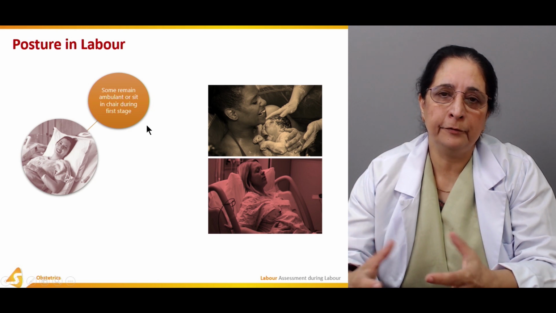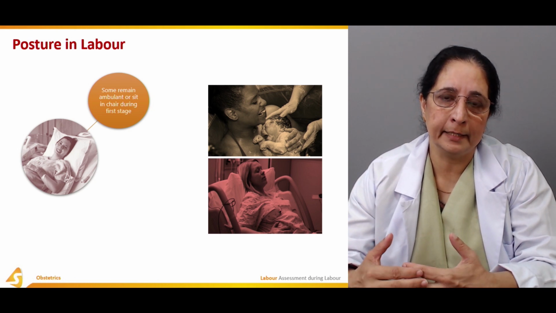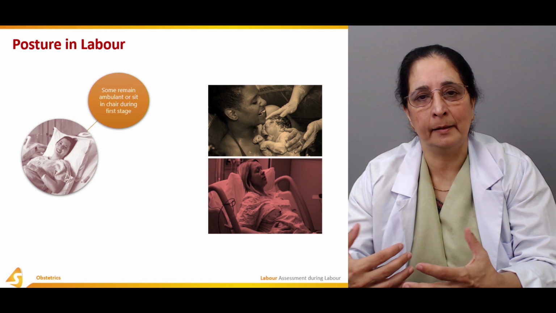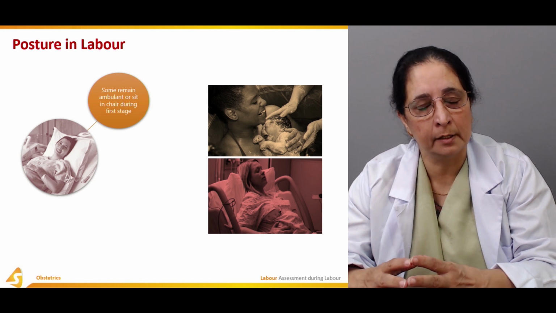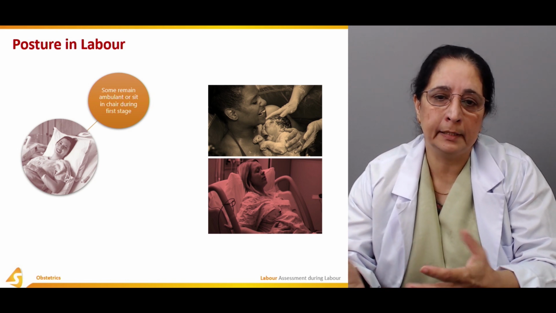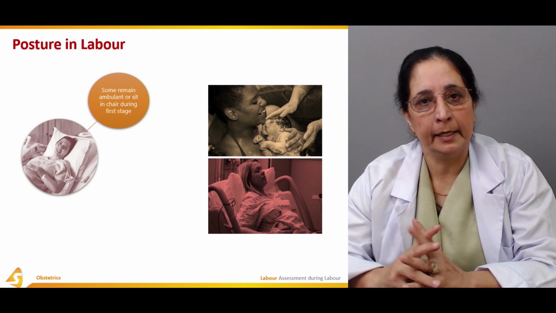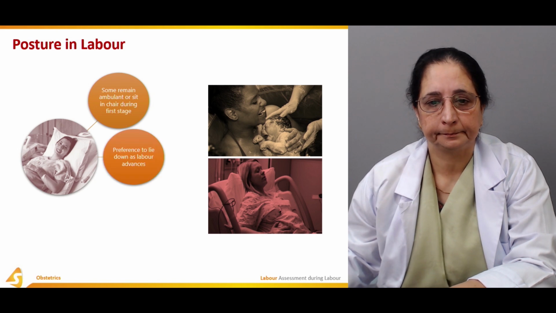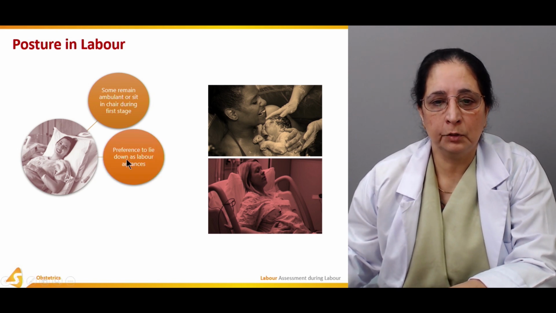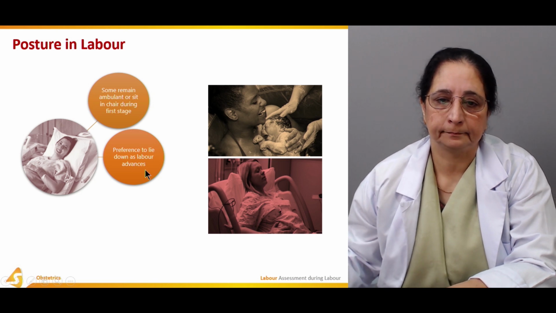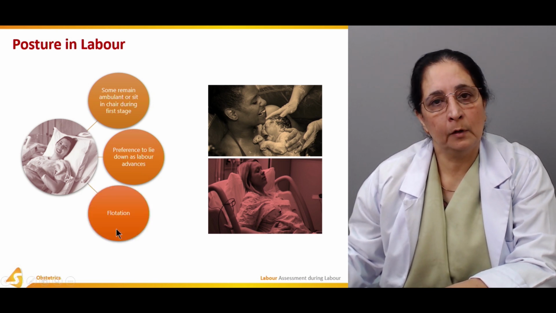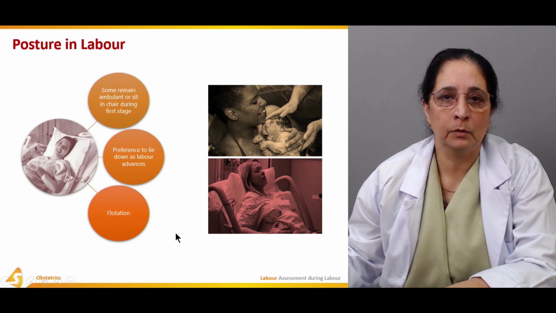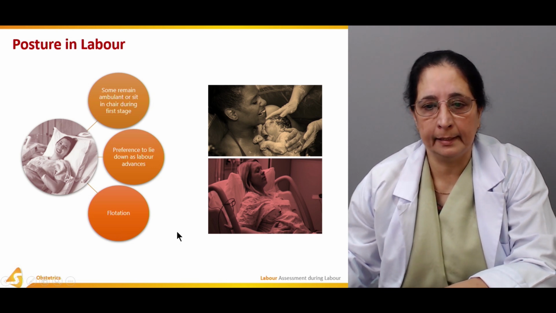If the first stage is prolonged and it's taking long, too much lying down sometimes is not preferred. So mother can sit or they can walk around in the first stage of the labor. Preference to lie down as labor advances. Or some also flotation is another posture in labor.